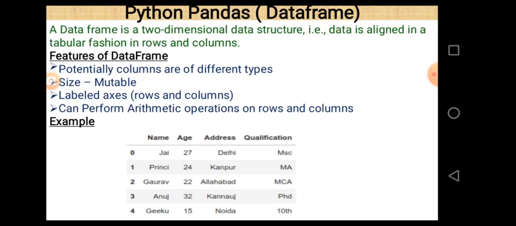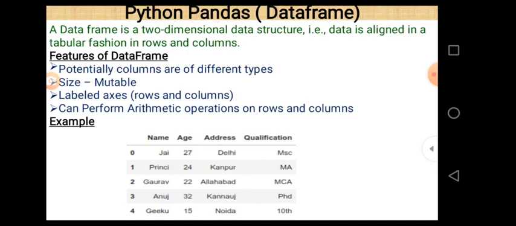So this is an example of a data frame. In this data frame there are basically four columns: name, age, address and qualifications. Age is of integer type, while name, address and qualification are of string type. 0 1 2 3 4, these numbers basically represent the index positions, meaning row numbers.